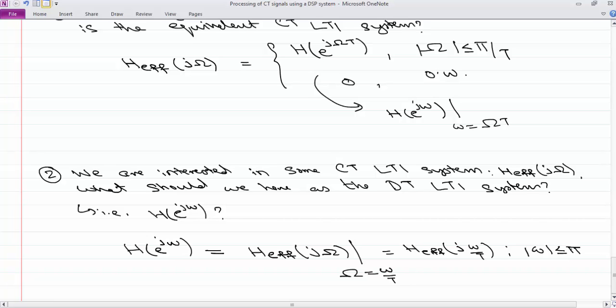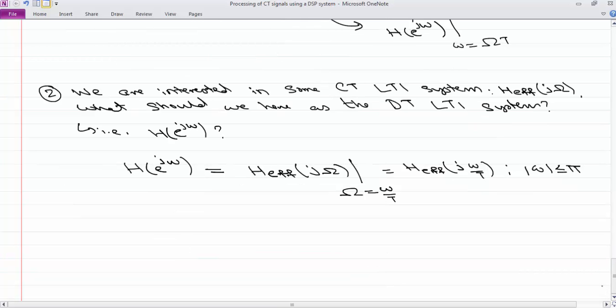And after that, since it's a discrete time system, there is periodic repetition. And one of the key things to remember in going between the continuous and discrete time systems is that there is no scaling of the amplitude.